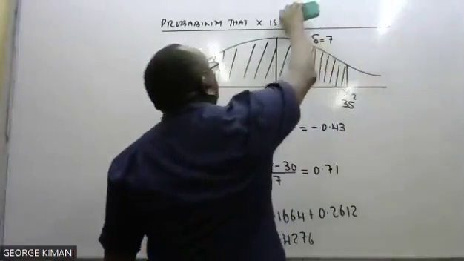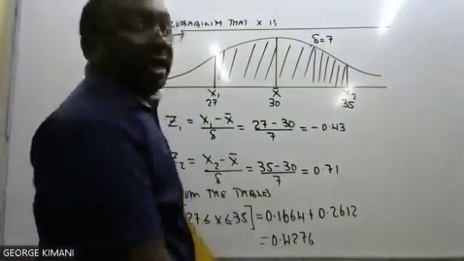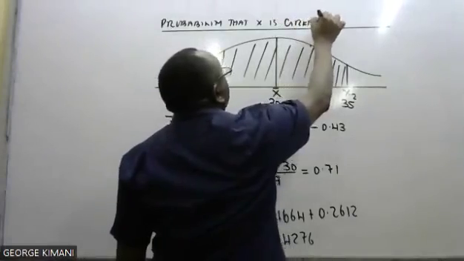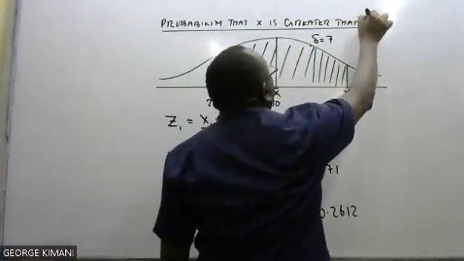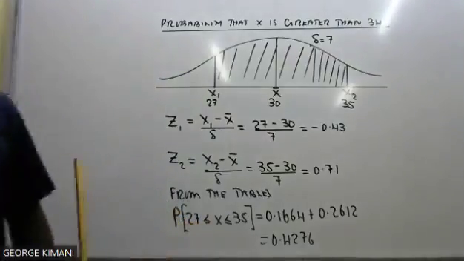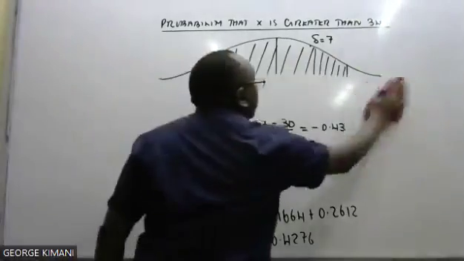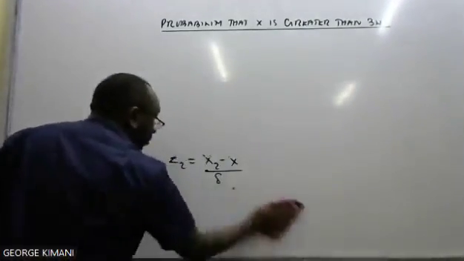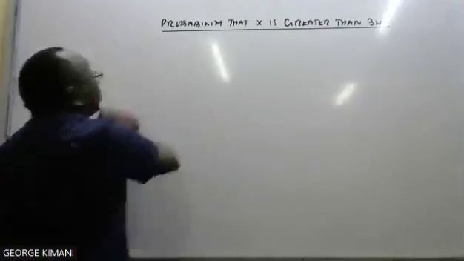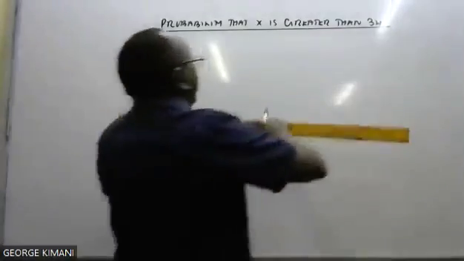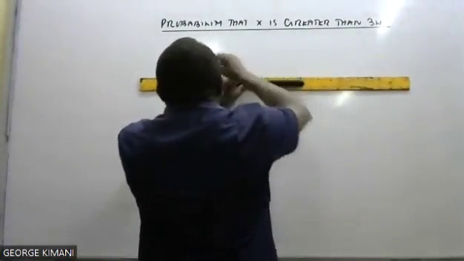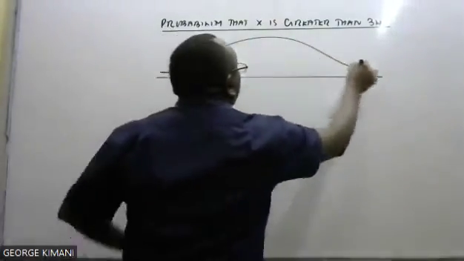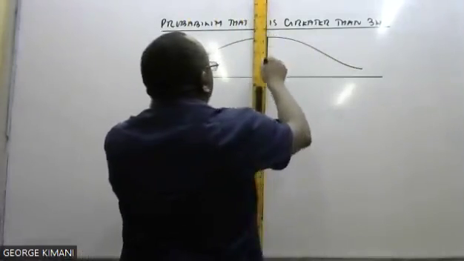Greater than 34. X is greater than 34. So if X is greater than 34, we begin again by drawing our table where we have X bar.